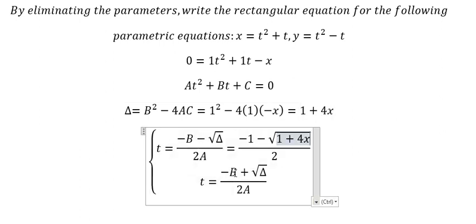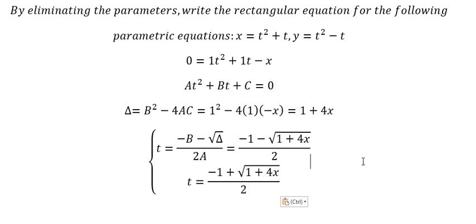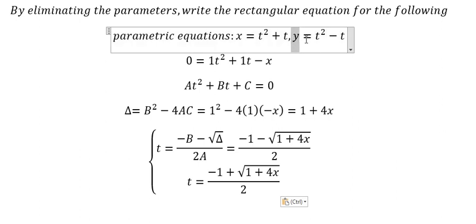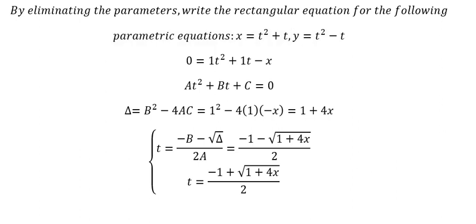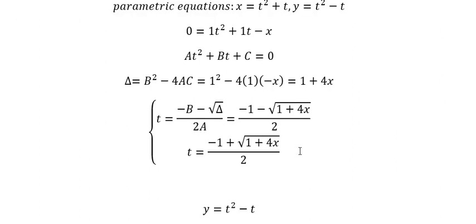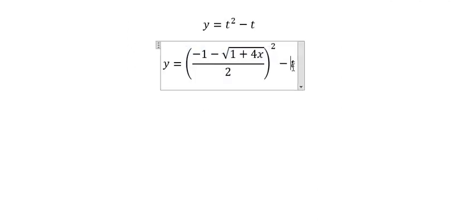Now we can do similar for the second one. After we got this one, I will go in here, and then I select about this one, go in here, and this one go in here.